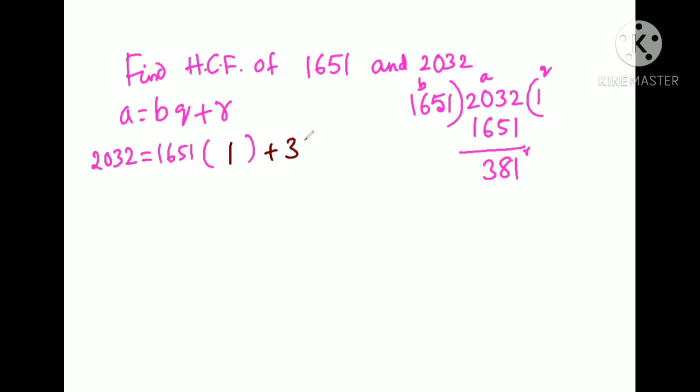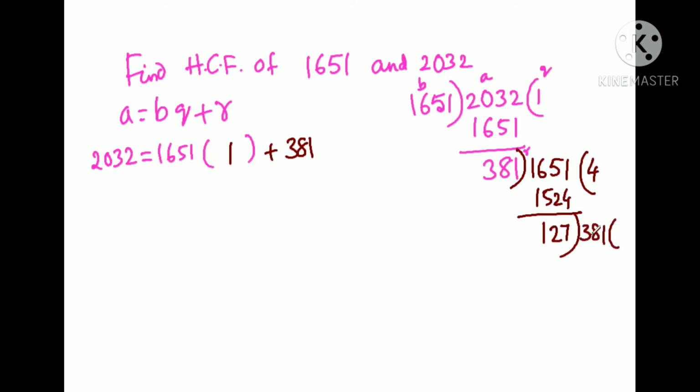Now this remainder becomes the new divisor and the previous divisor becomes the dividend. Now divide 1651 by 381: 4 times goes 1524. By subtraction we get 127. Now this remainder becomes the new divisor and the previous divisor becomes the dividend.